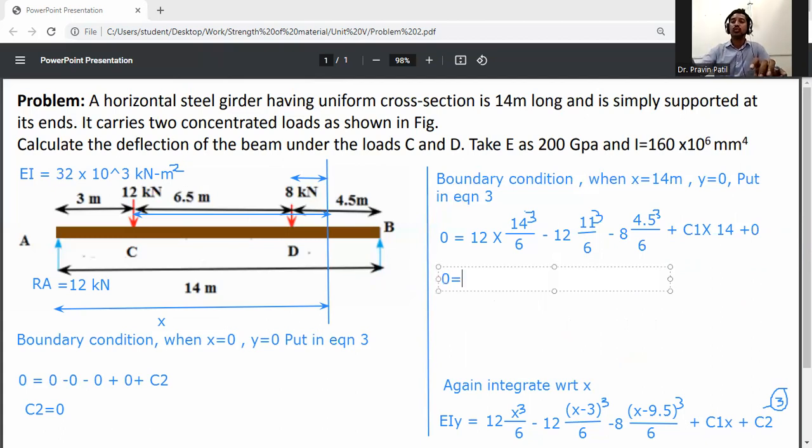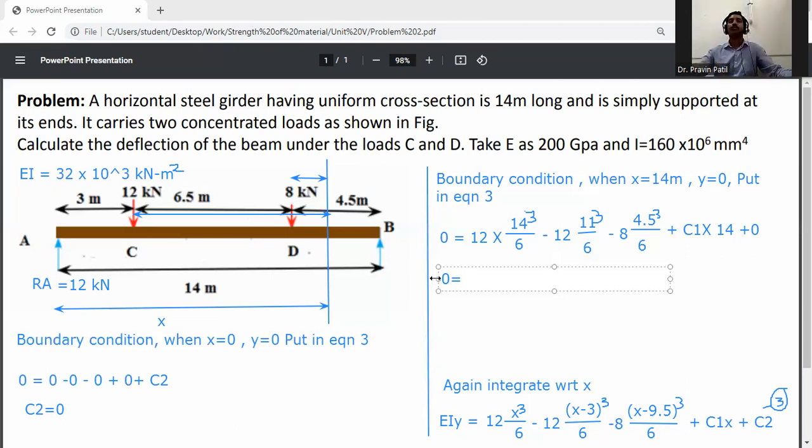So 0 is equal to 14 raised to 3 divided by 6 into 12.